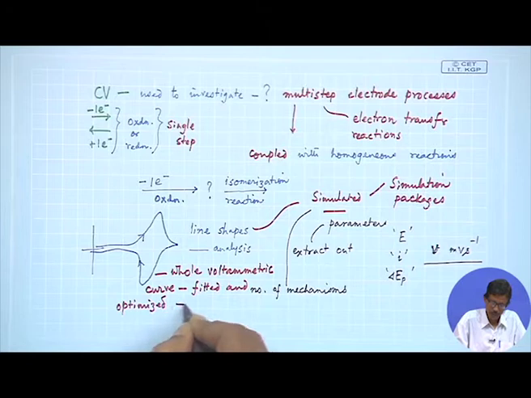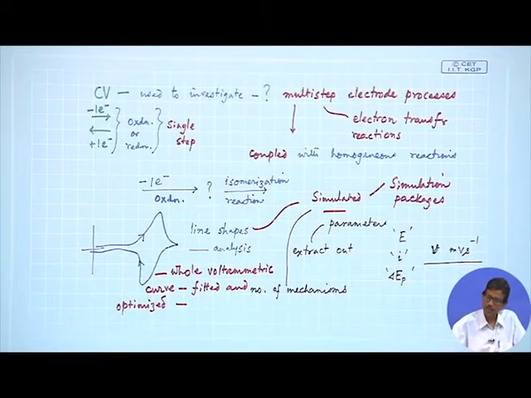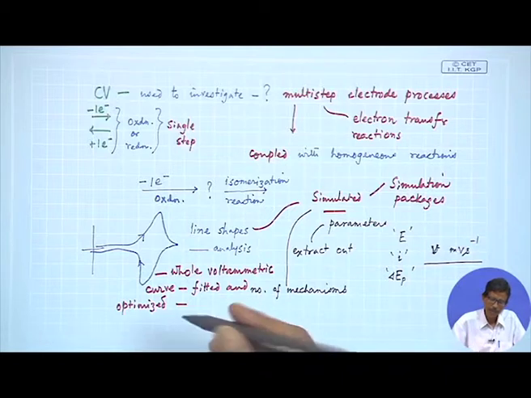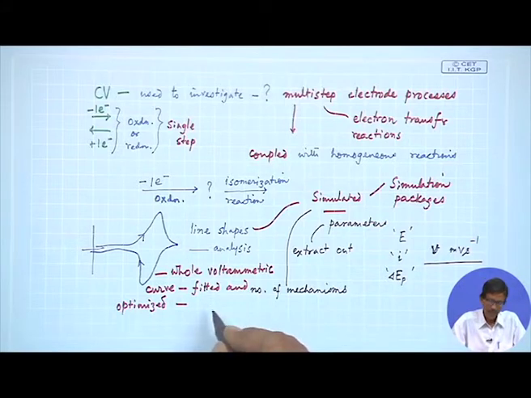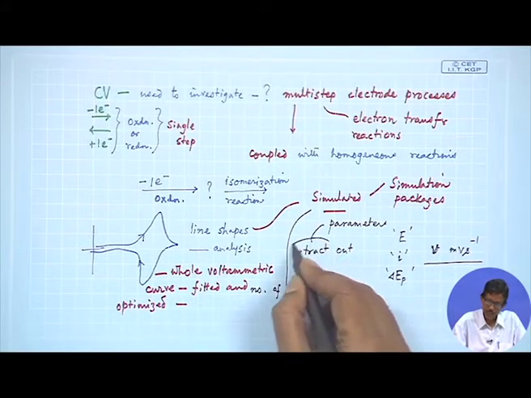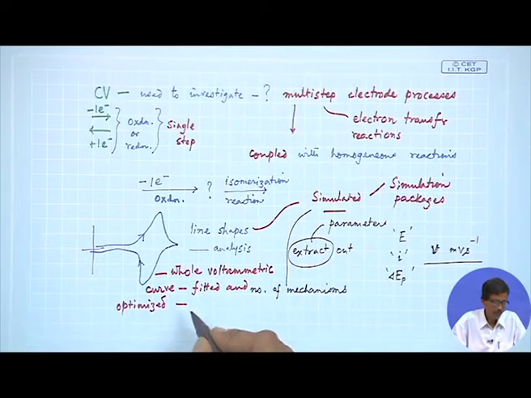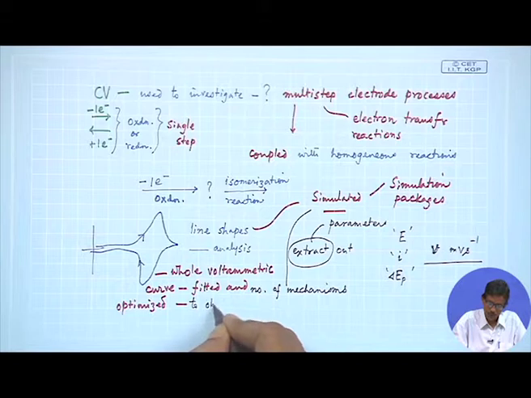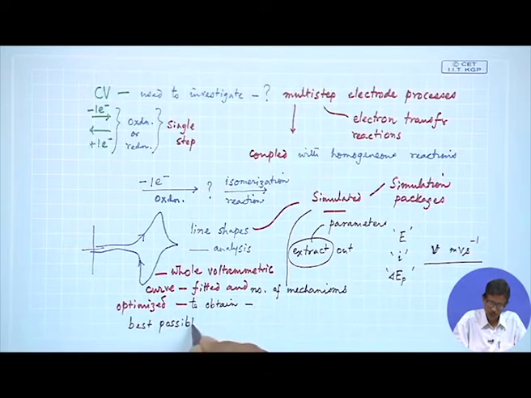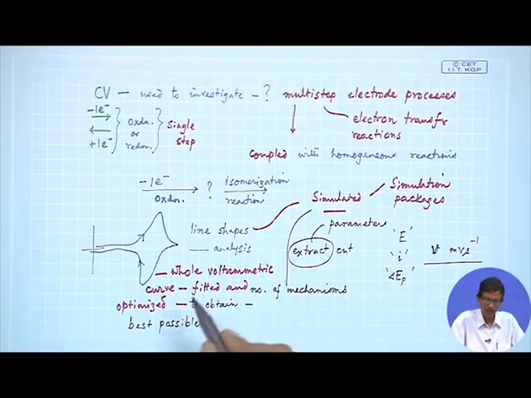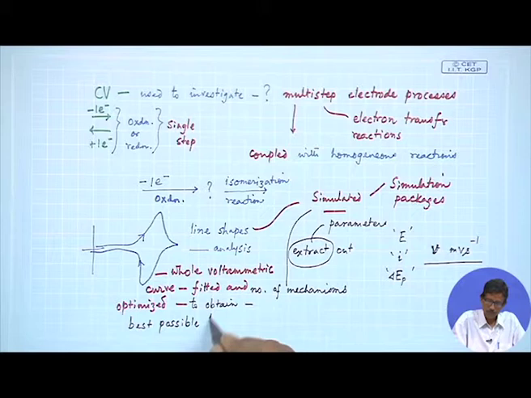That means you cannot exactly reproduce the experimental curve, but as much as possible you can match it, and from that we extract the parameters. Therefore, we obtain the best possible kinetic and thermodynamic data from the rate and all these, which otherwise is not possible from the typical experimental plot.